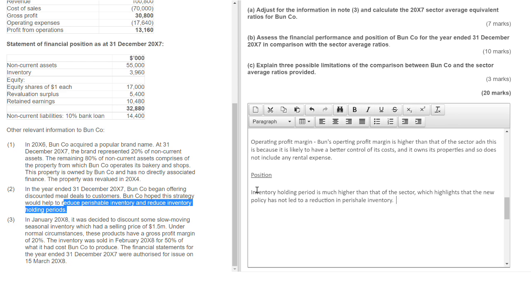Okay. Is that a risk? Yes. So Bun needs to take further action in order to reduce its inventory levels, possibly by reducing the selling price, as otherwise there will be further inventory write-downs.